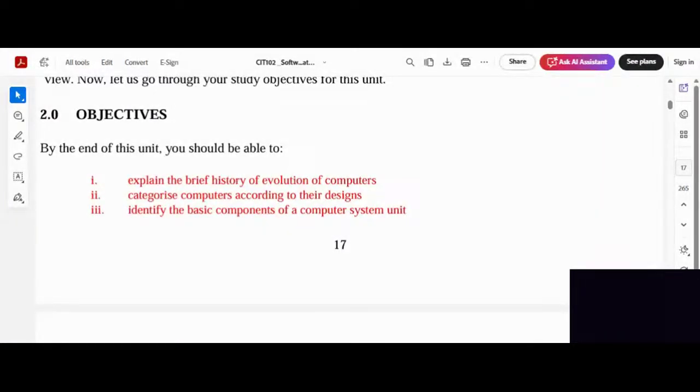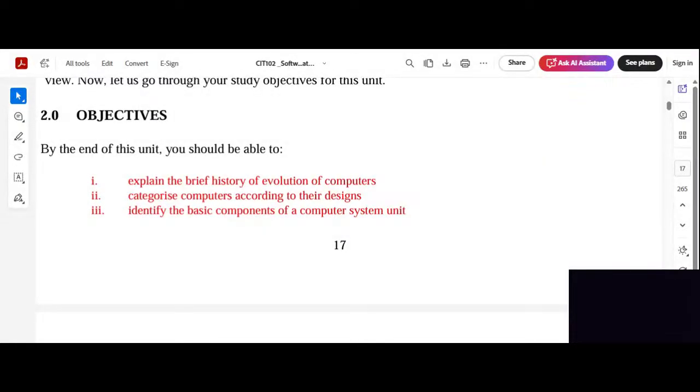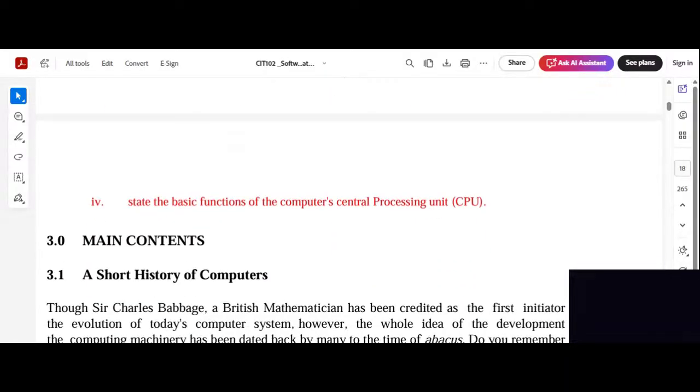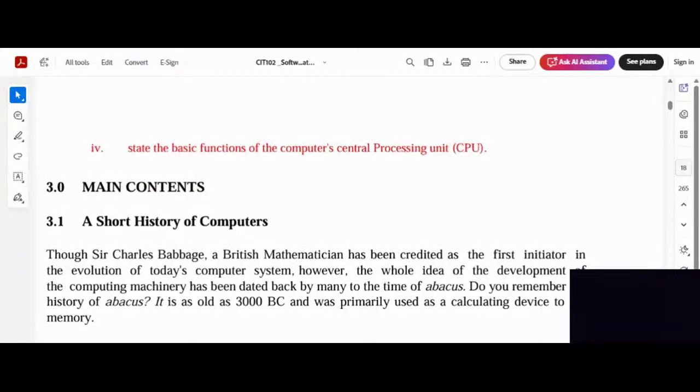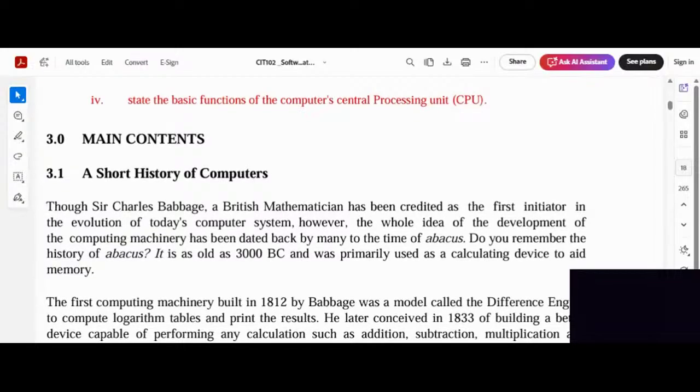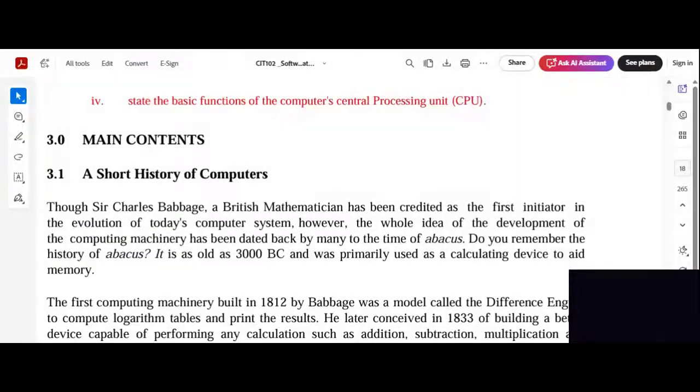By the end of this unit, I should be able to explain the brief history of the evolution of computers, how computers evolved over time. Then I should be able to categorize computers according to their designs. I should be able to identify the basic components of a computer system unit, and then state the functions of the computer central processing unit, popularly called the CPU.